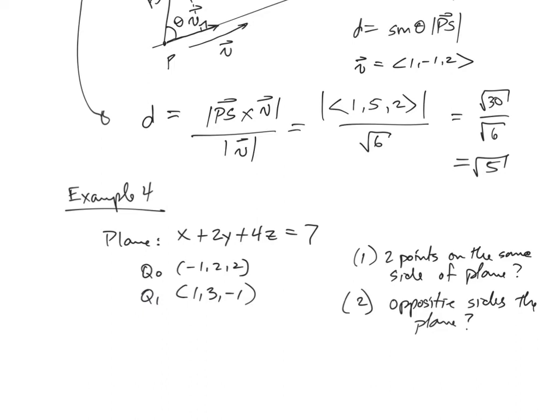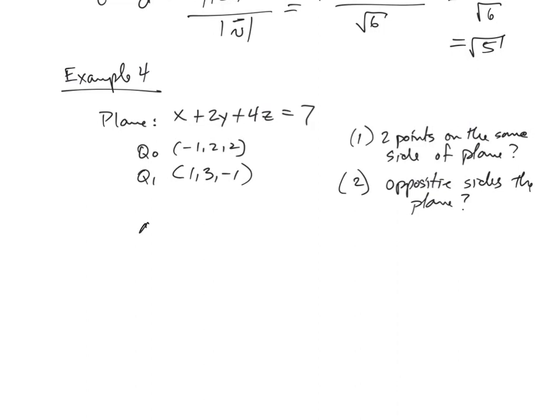So we've got a plane in 3D space. I don't know what it looks like, but I'm just going to sketch it like this. And again, it goes to infinity in each direction. So I'm just drawing part of it. And we want to know, well, are Q0 and Q1 on the same side of the plane?